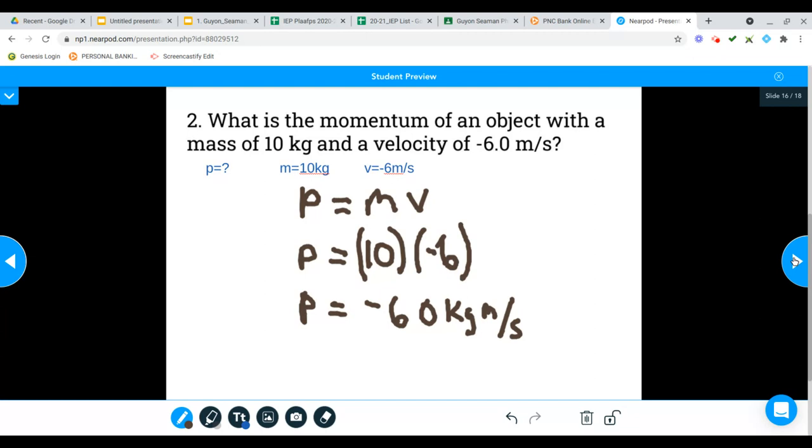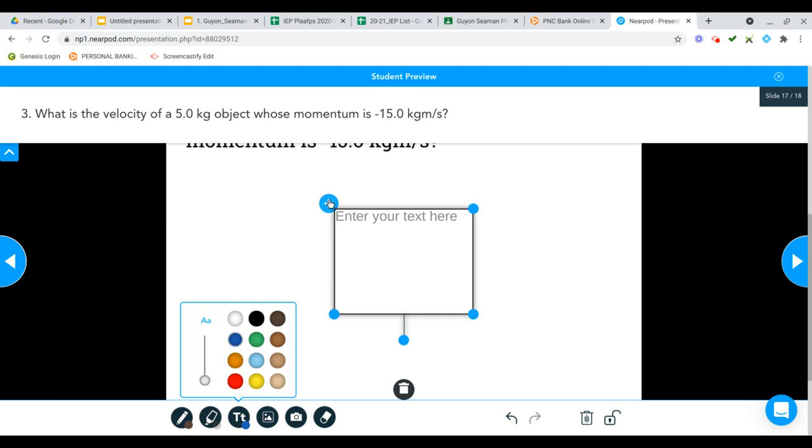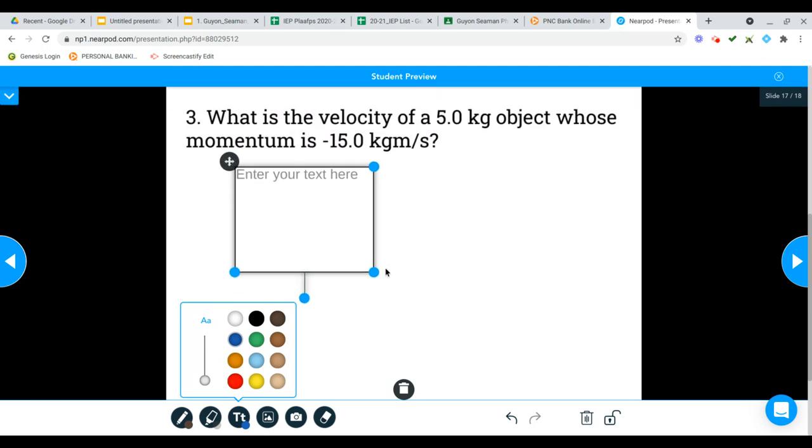Okay. And two more examples. So what is the velocity? So this time we're looking for velocity of a 5 kilogram object whose momentum is -15 kilogram meters per second. So again, I'm going to type my inventory out here.